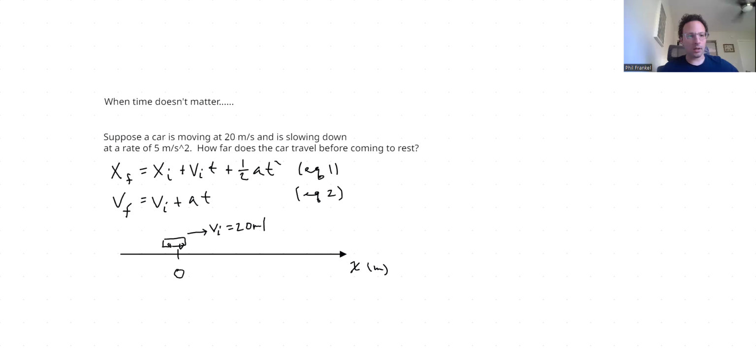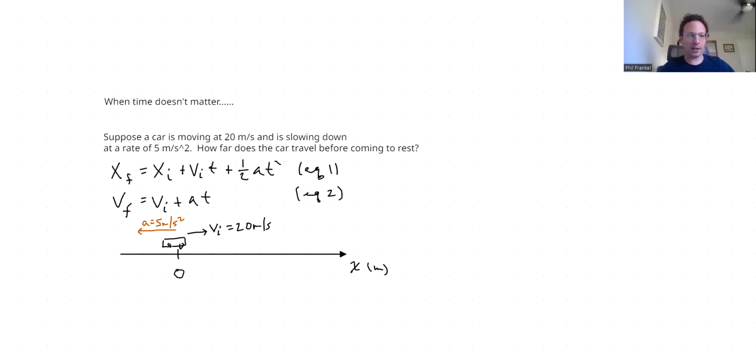The car has an acceleration which points the other way, because it's slowing down, so the acceleration must point opposite the velocity. According to the problem, the acceleration is 5 meters per second squared to the left, in the negative direction. So the acceleration will be a negative value when we plug it into the kinematics equations.